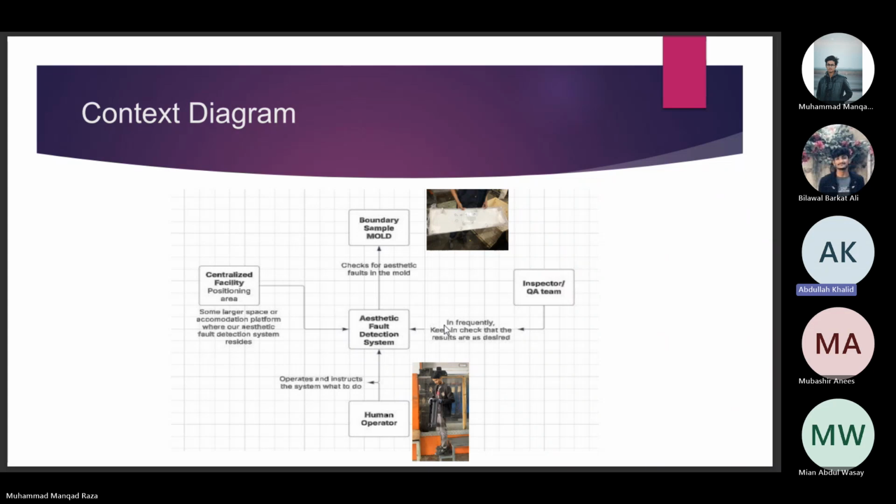The system will then check for any aesthetic faults in the mold. We also have this centralized facility role, the positioning area or the place where our subsystem will be placed. It should provide some room or space for the operator to operate at, or for the QA person to inspect how the results are going.